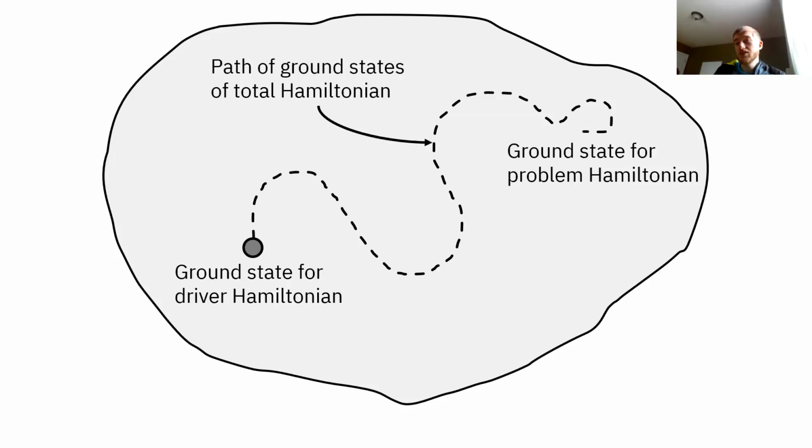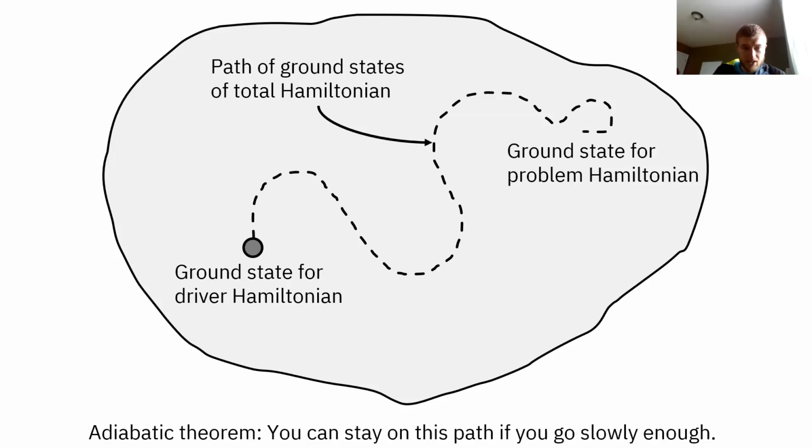And if we do this sufficiently slowly, we can actually end up in the ground state for our problem Hamiltonian, solving our problem. The way that we know we can do this is due to the adiabatic theorem. This is the workhorse for this algorithm, which tells us that if we go slowly enough along this path, we can make sure that we end up in the ground state for our problem Hamiltonian.